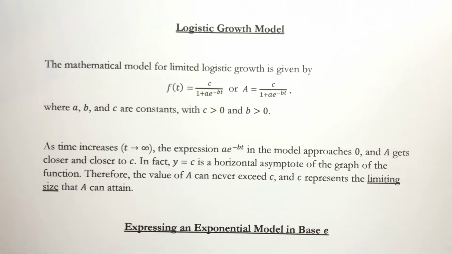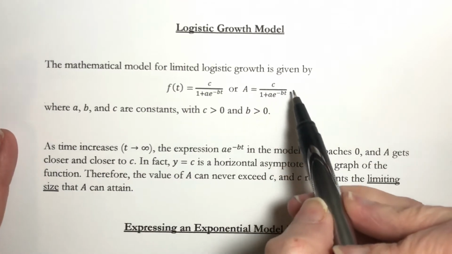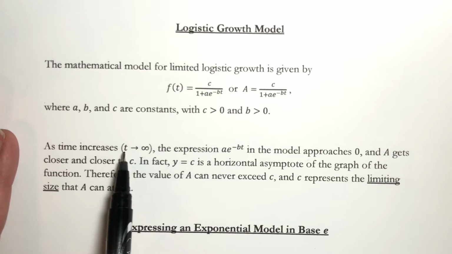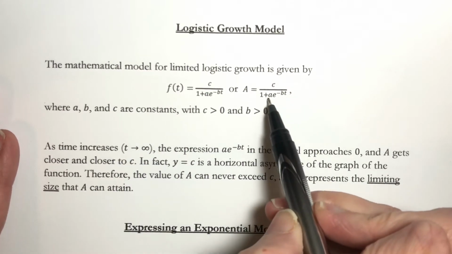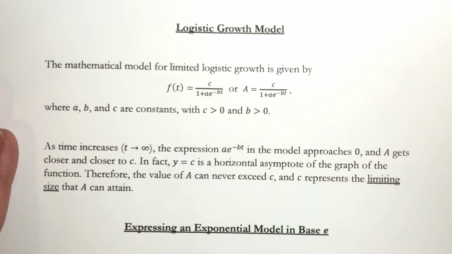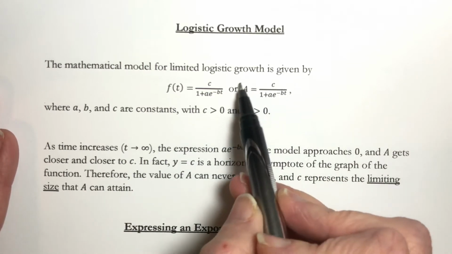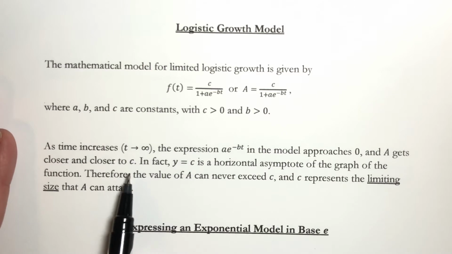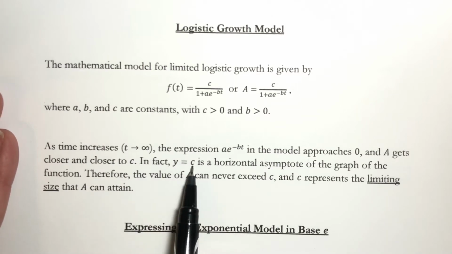So as time approaches infinity, this part right here goes to 0. And that means you essentially have C over 1. So your overall A value gets closer to C. Y equal to C is a horizontal asymptote of the graph, okay?